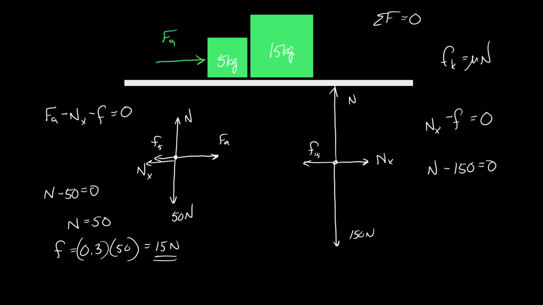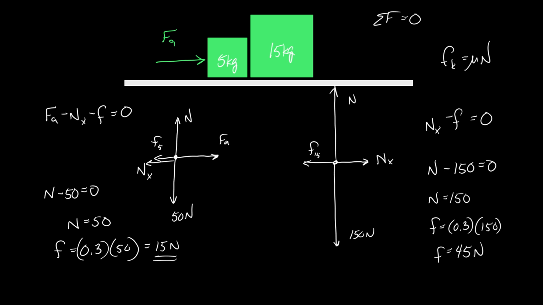I've just combined the things together. Here, normal equals 150 and friction equals mu times the normal force. Still doing all right?